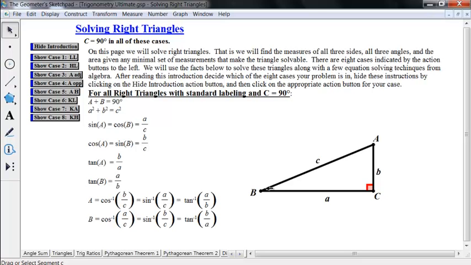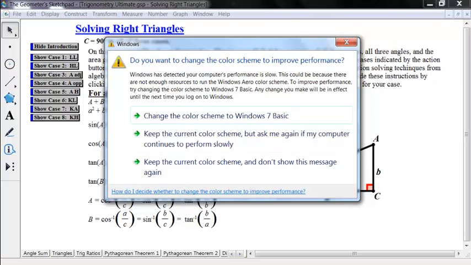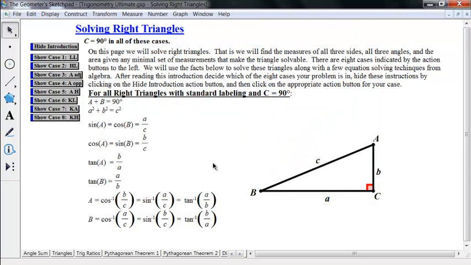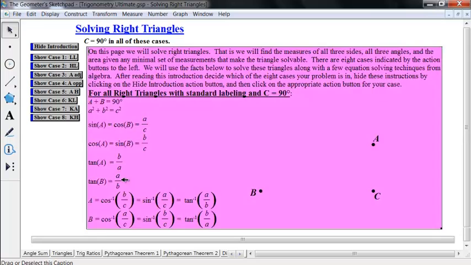The cosine of angle A is adjacent over hypotenuse, so that would be B over C, or that's the sine of angle B, which is opposite over hypotenuse, so that would be B over C either way. The tangent of angle A is, that's backwards, let's get that right.